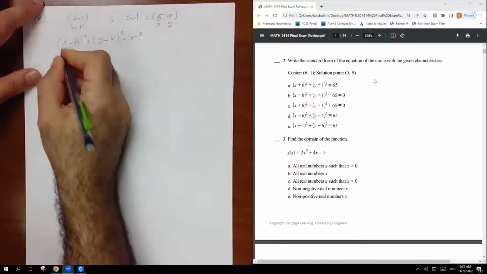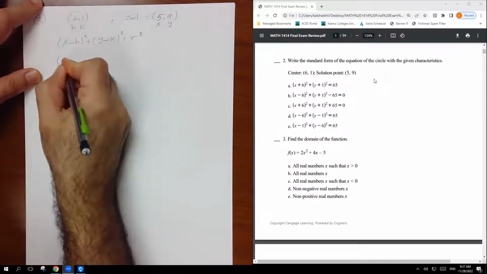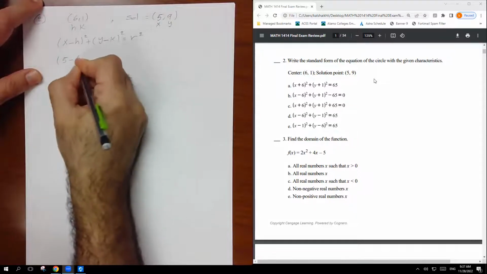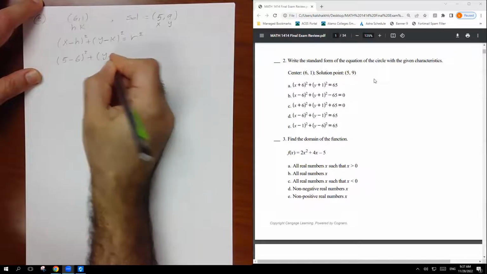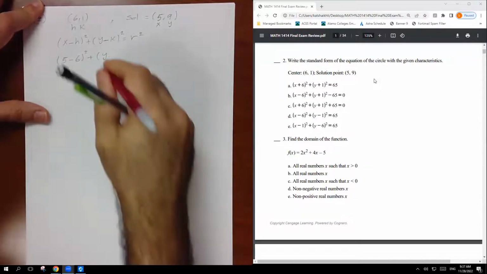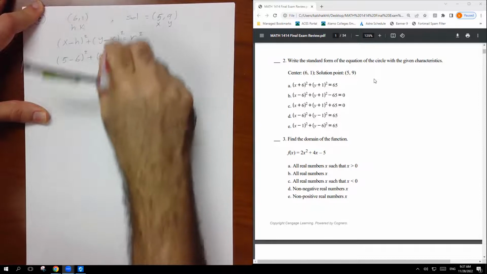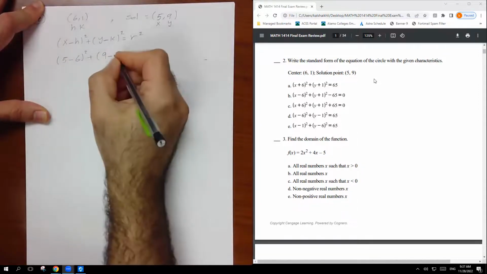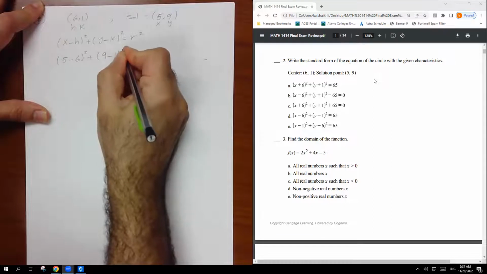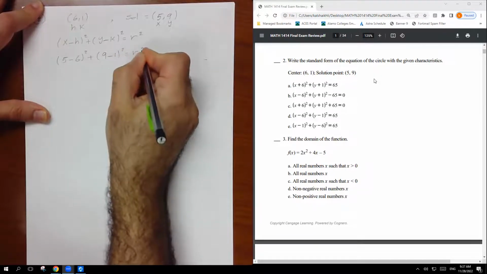That means x is 5 minus h, which is 6, squared, plus y, the point is 9, minus k, which is 1, squared, equals r squared.